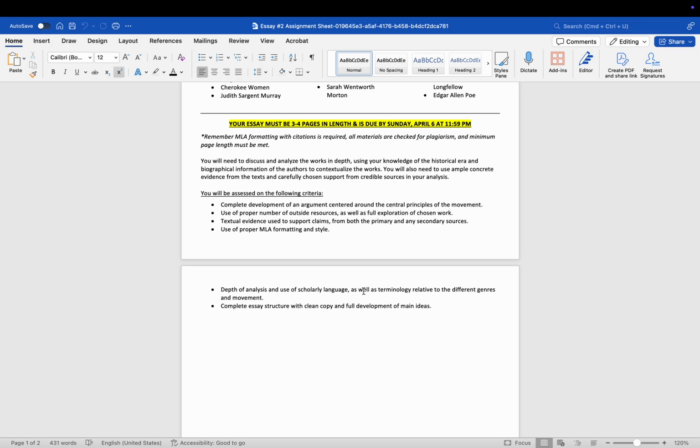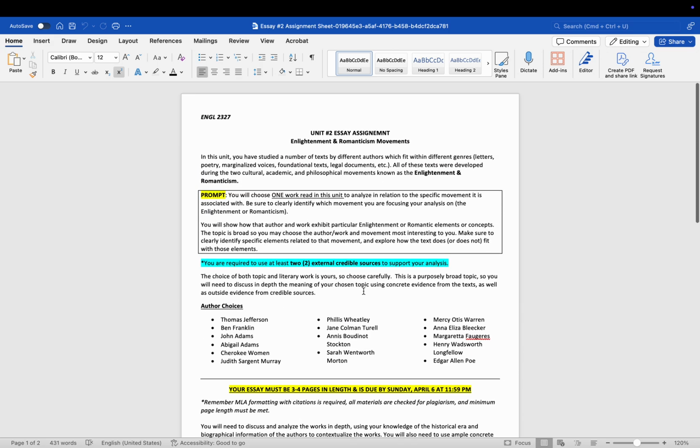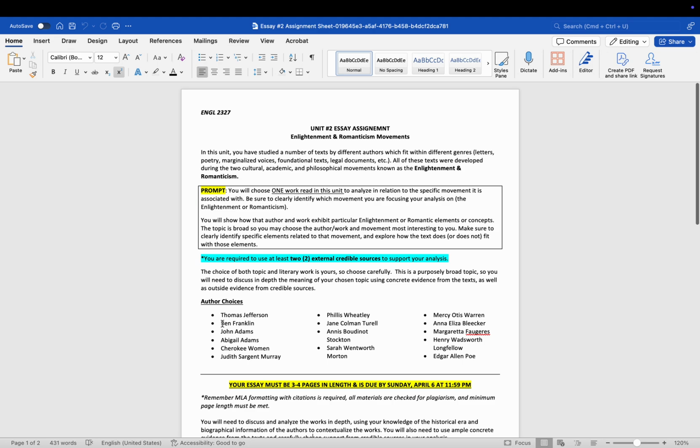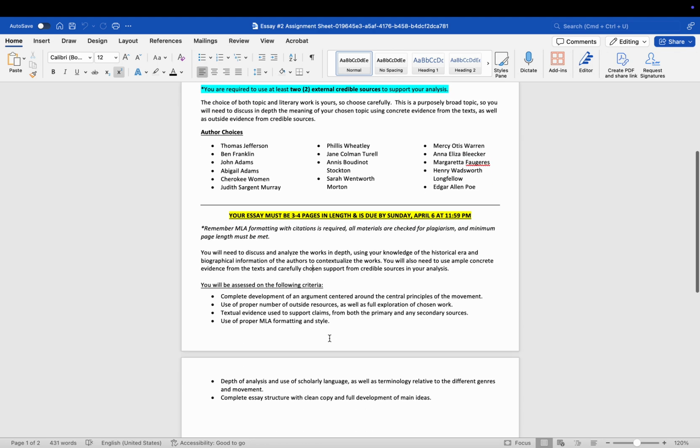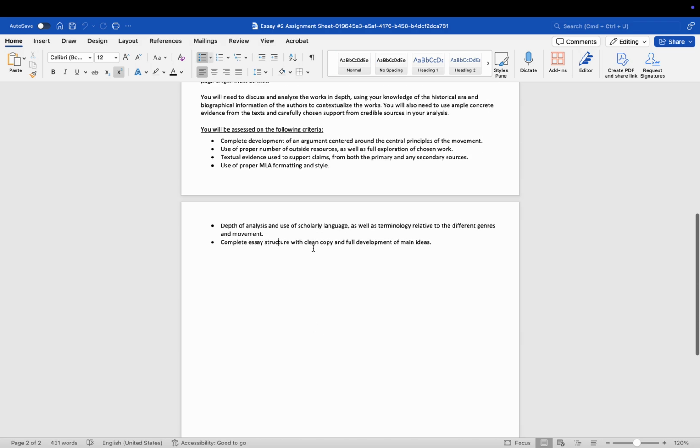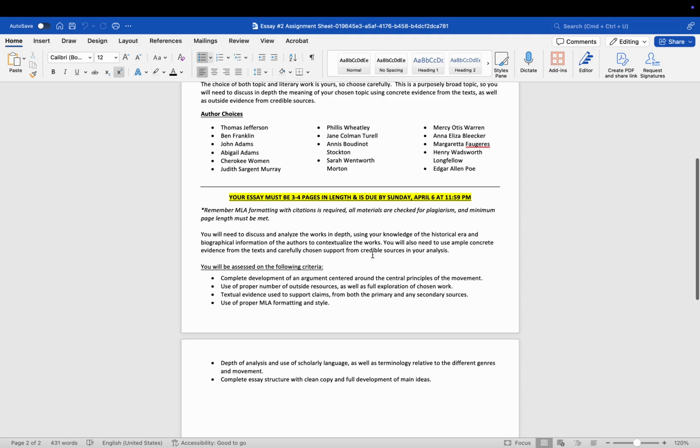Use the language and terminology related to the genres and the movement. If you're talking about poetry, you should be using elements related to poetry. If you're talking about prose, that's different. And then a good essay structure as usual with all the full development.